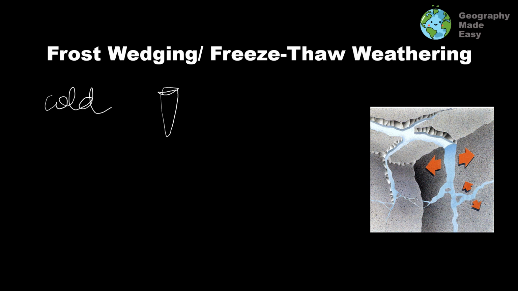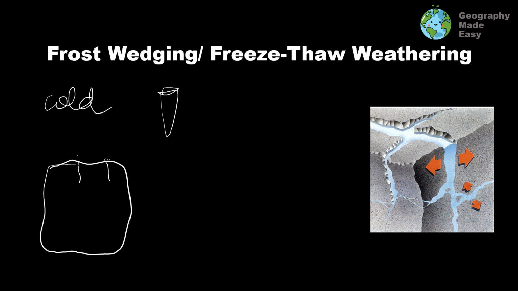Now, when this kind of wedge of frost or ice forms, it can cause weathering. We will see how. In cold areas, we can have a rock surface. A rock surface usually has invisible cracks and joints within it. These cracks and joints are formed when the rock has cooled down.